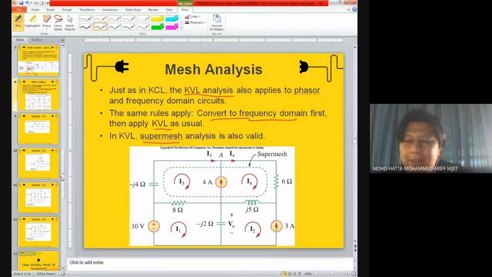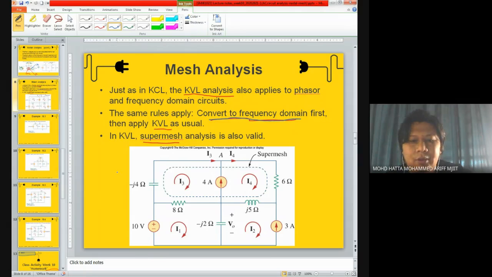So that's about today's lesson. The important point here is that first you need to convert from the time domain into the frequency domain.